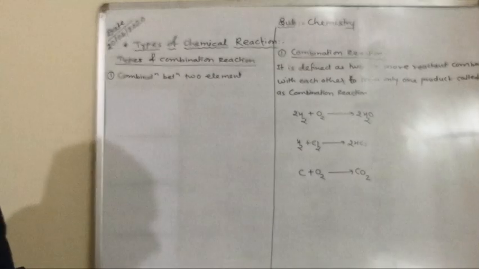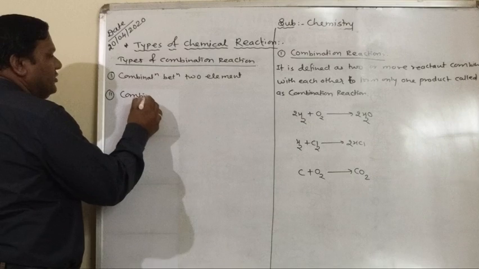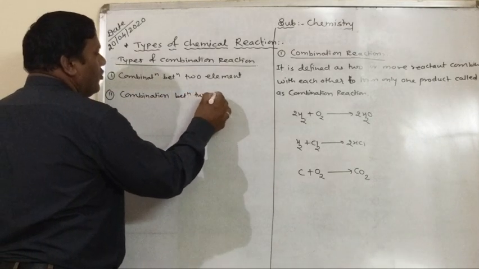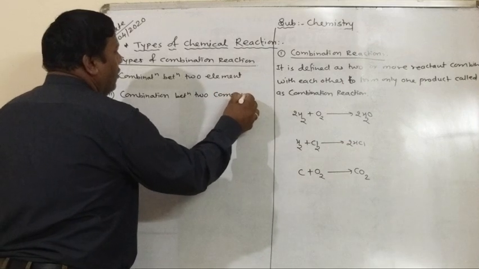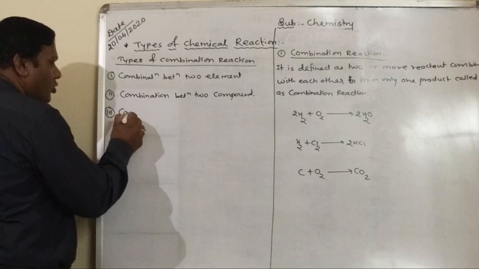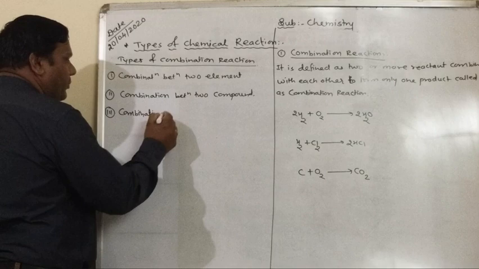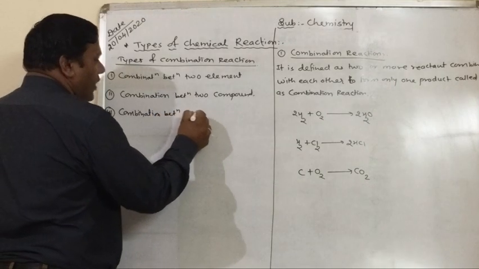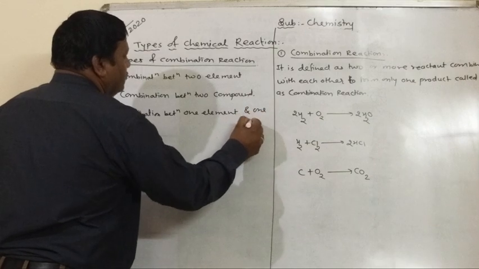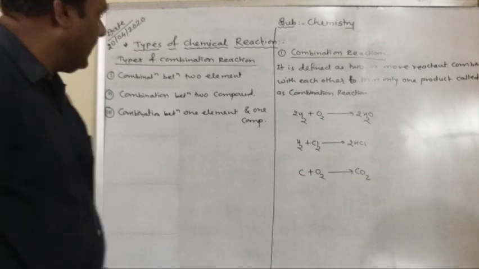The second one is combination between two compounds. The third is combination between one element and one compound. Is it clear? So there are three types of combination reactions.